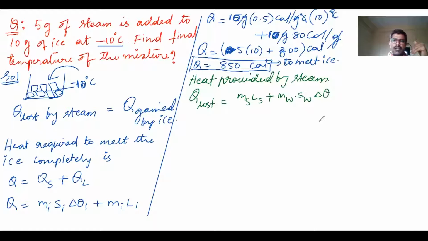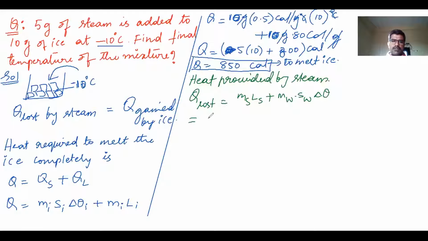Because steam should be getting converted into water, and that water at 100 degrees Celsius should be converted into water at 0 degrees Celsius. So that is the total heat lost.